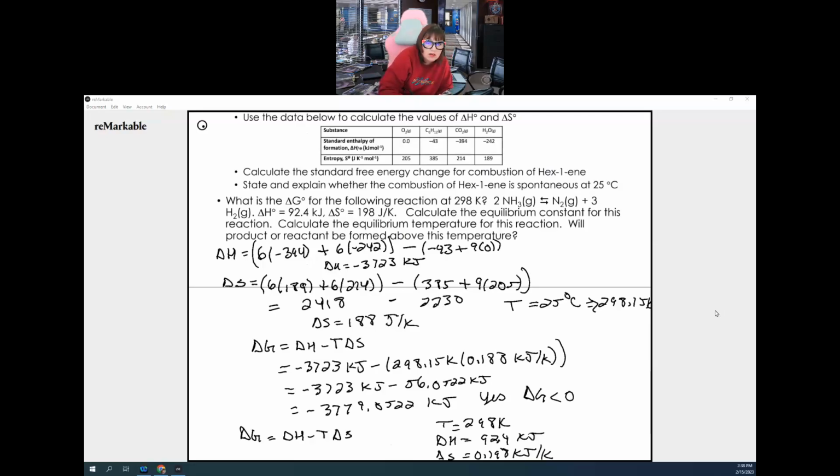Okay. So I can plug some numbers in there, and that's equal to 92.4 kilojoules minus 298 times 0.198 kilojoules per Kelvin.